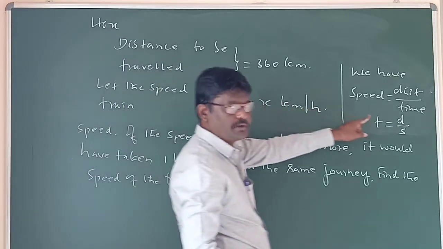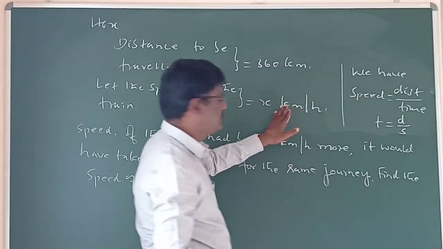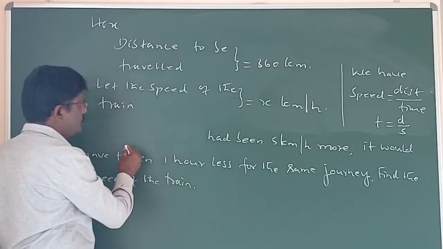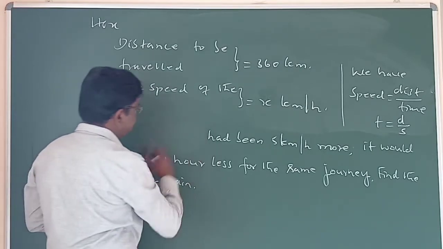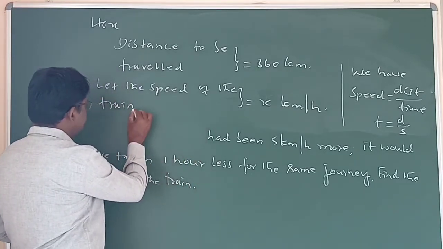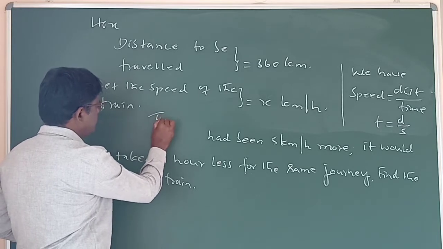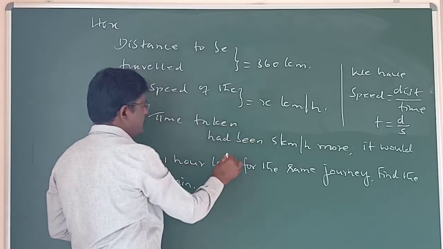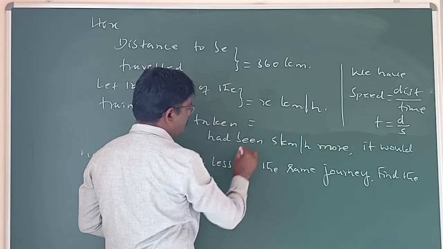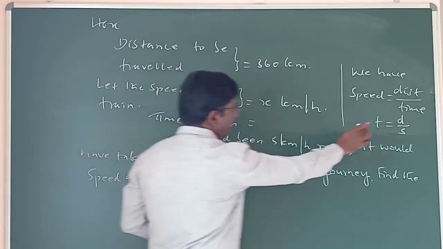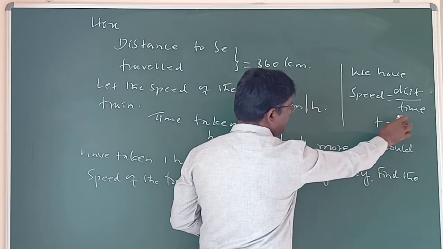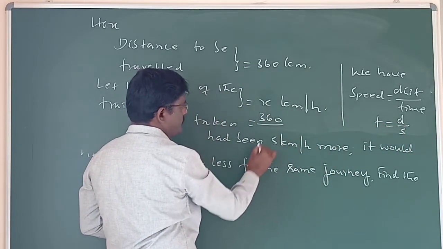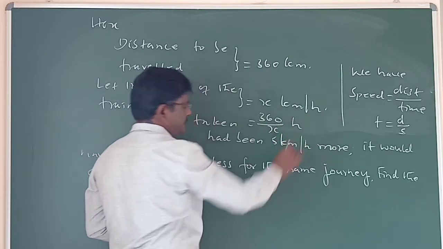So the time taken by the train will be equal to, see children, distance by speed. Distance is 360 by speed x hour.